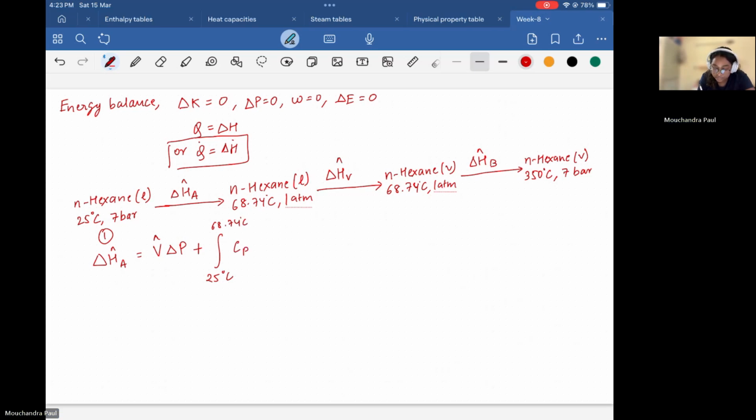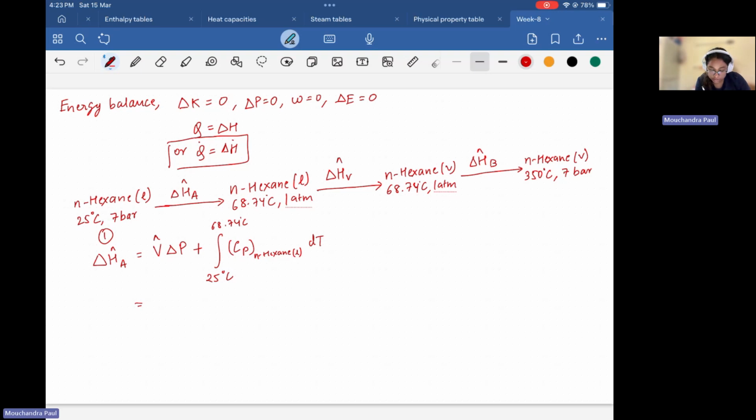Cp, here the state is liquid state. So N-hexane, liquid. This will come out later.